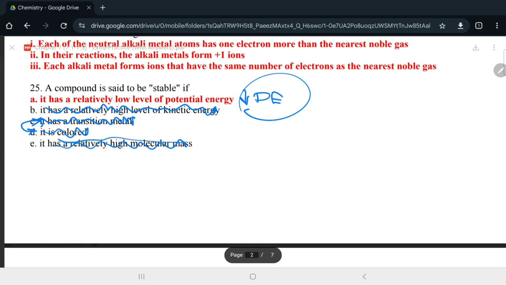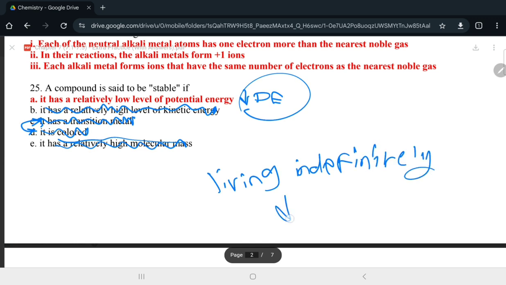What does it have to do with having a high molecular mass? That does not necessarily have to be true. You can have a low molecular mass and you can be stable. So it's more about living indefinitely and low potential energy to be stable.